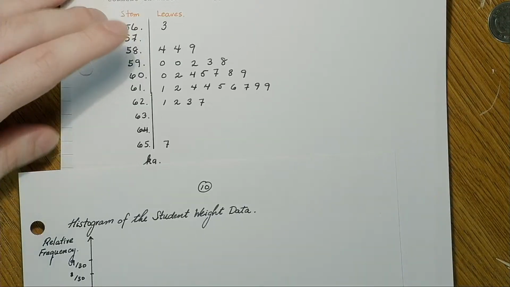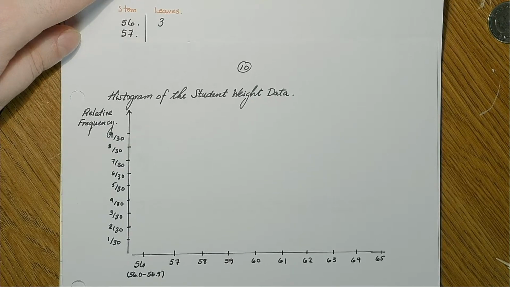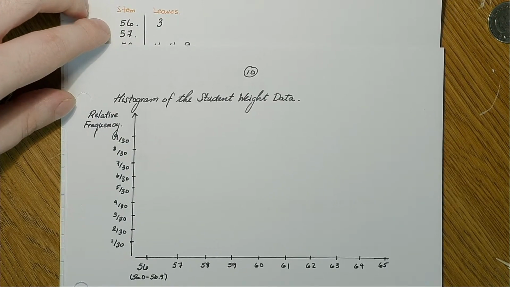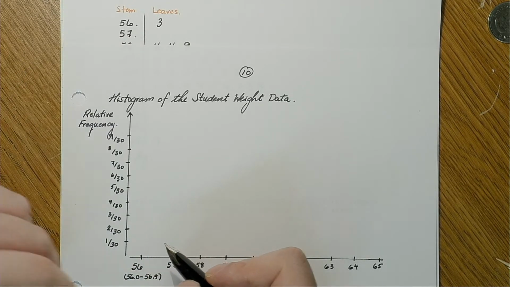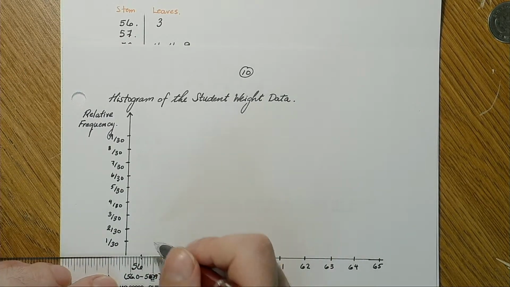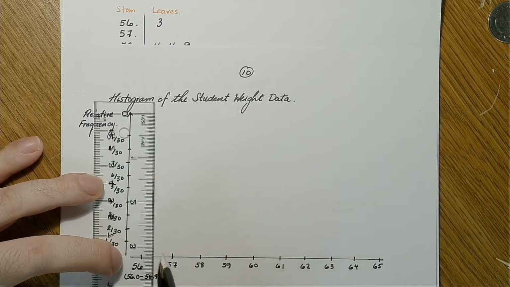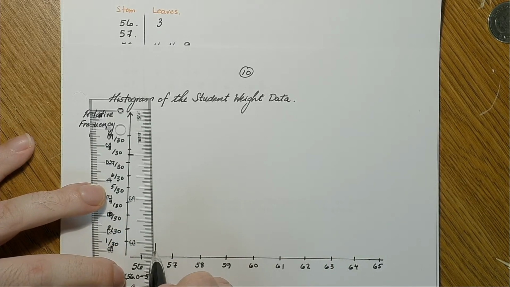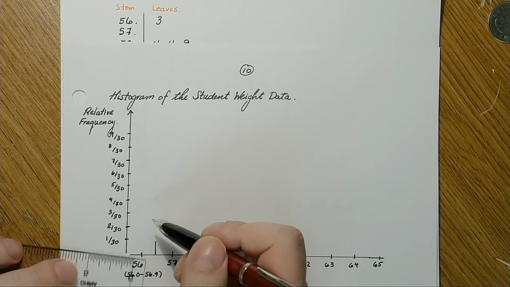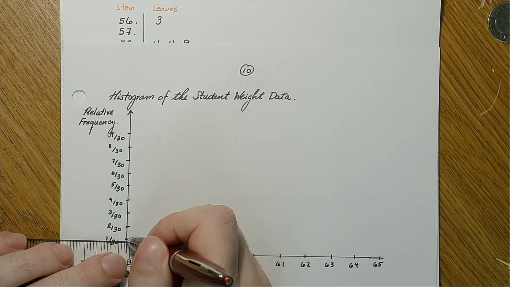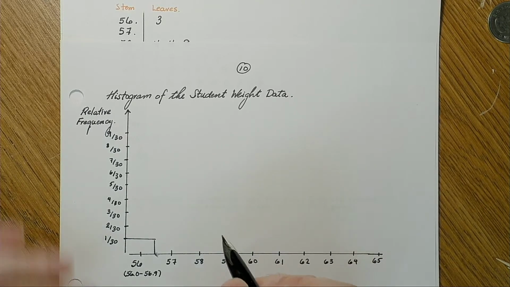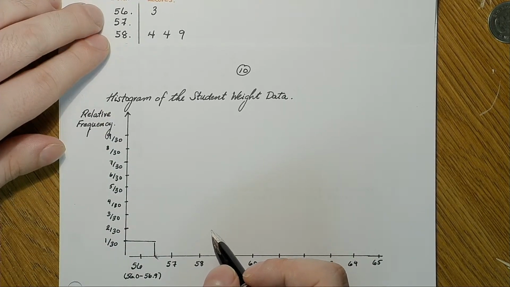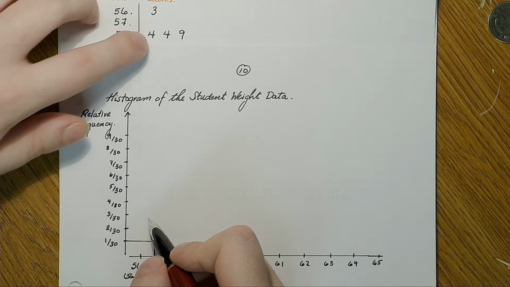The first one I have is 56, and I know that I only have 1, up to this part right here. There's my first bar. I have 58, so there's 3 of those.